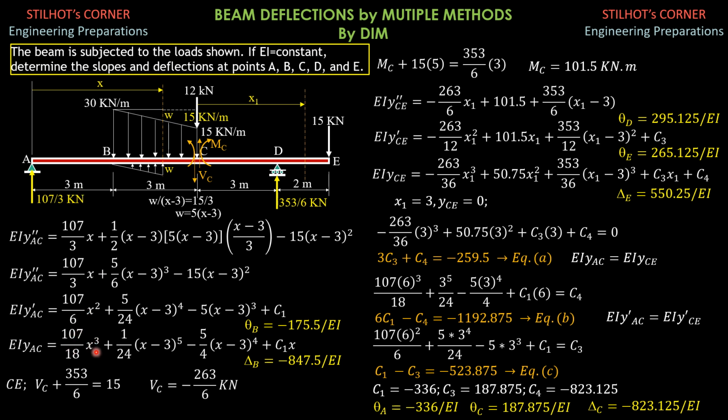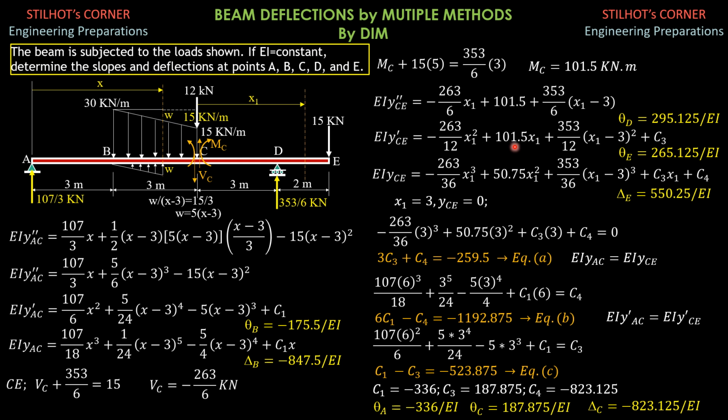We can now compute slope at B by setting x is 3 in this equation here. Use your calculator, 107 over 6 times 3 squared, plus 0, plus 0, plus c sub 1, and c sub 1 is negative 336. So you can now compute theta B. It is equal to negative 175.5 over EI.